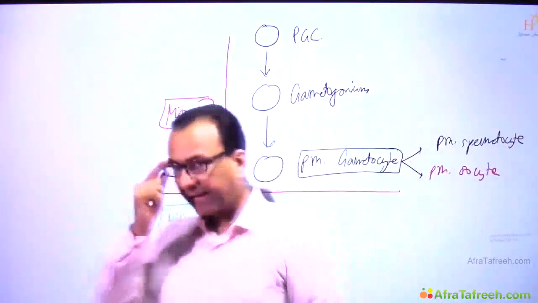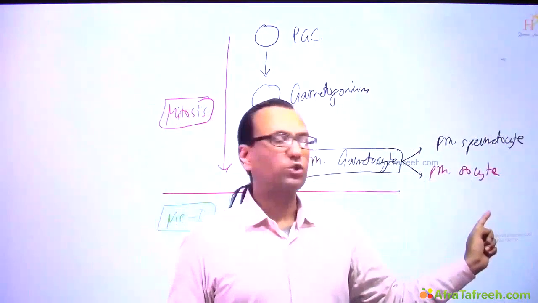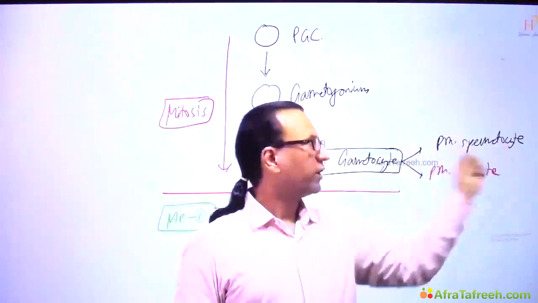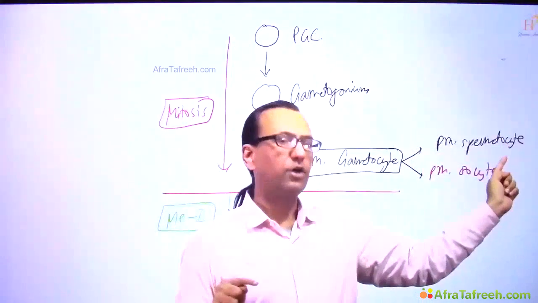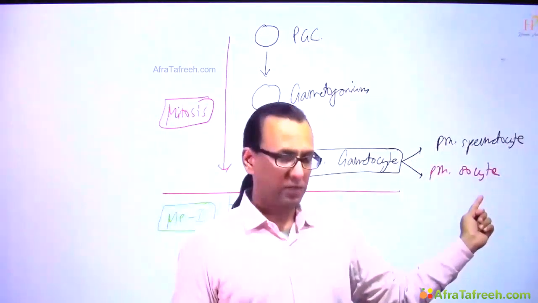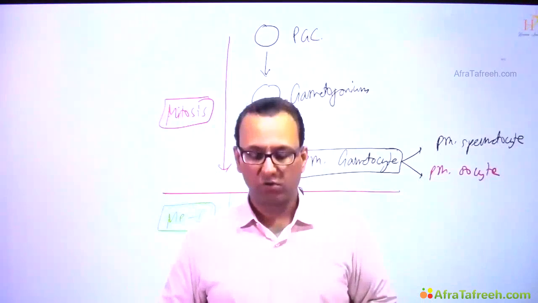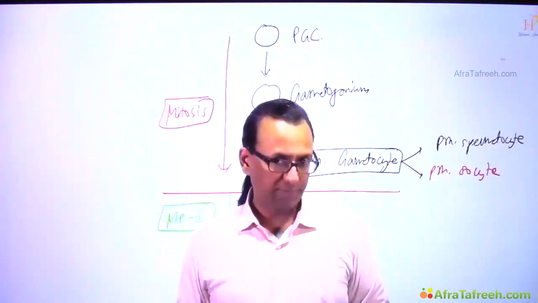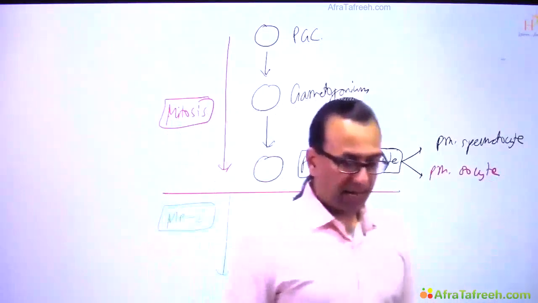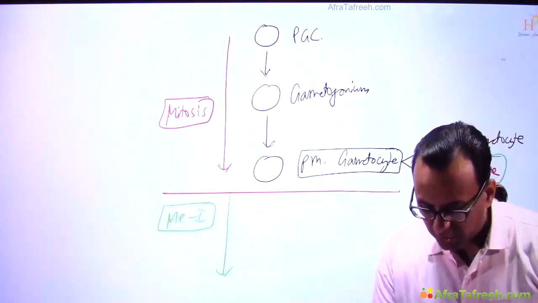Also remember one thing, females begin oogenesis quite early as compared with males. Spermatogenesis begins after puberty, but oogenesis begins before birth. When the female baby was in utero, oogenesis had already begun.